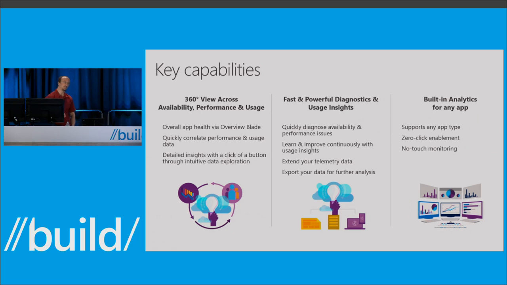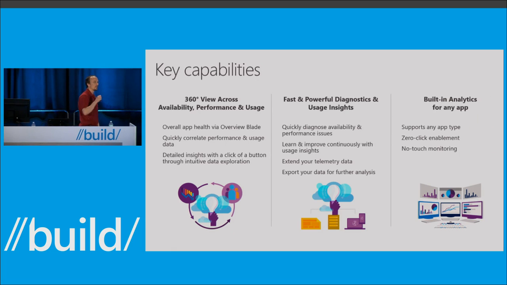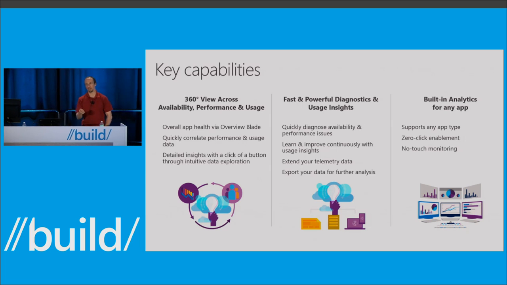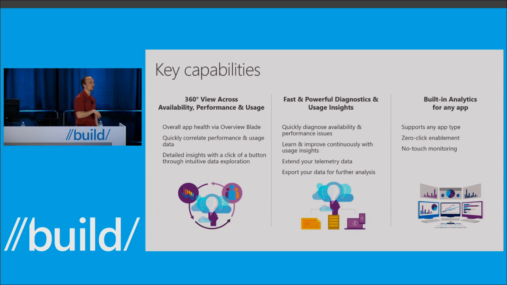And the last piece is you've seen how easy it was to integrate Application Insights into your .NET application. Essentially, you didn't have to do anything to fall into Application Insights. There was a checkbox, and we've done all the wiring for you. We're doing the same thing for other platforms.